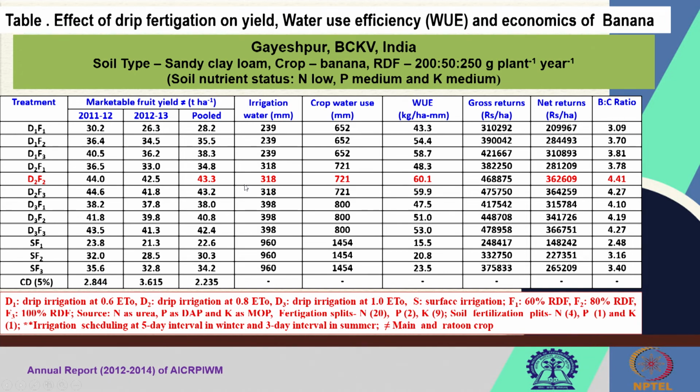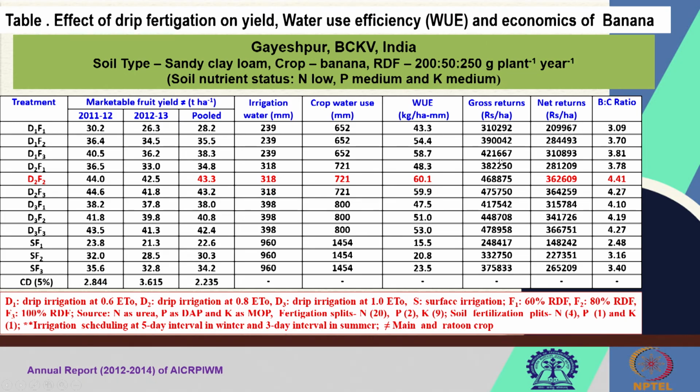In this combination we can see that marketable fruit yield is highest among all the treatments, and irrigation water is 318 millimeter. Crop water use is also quite high, and if we compare water use efficiency, this shows the highest water use efficiency of around 60 kg per hectare per millimeter.